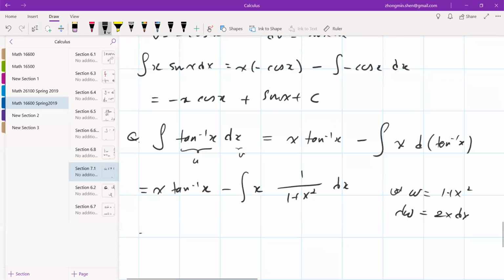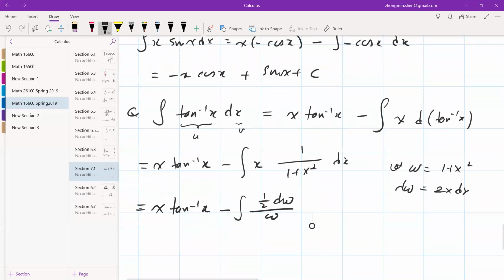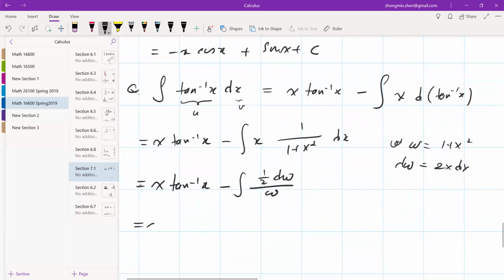Right, so it's going to be x arctangent x minus, x dx is half of dw, and then there's a w in the denominator. Continue. So this is going to be one half the natural log of the absolute value of w plus a constant.